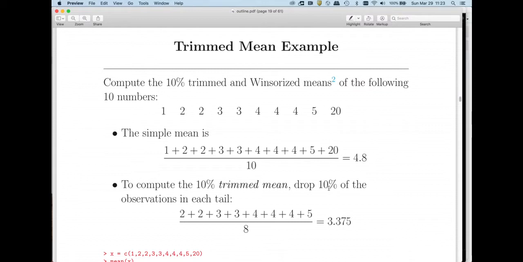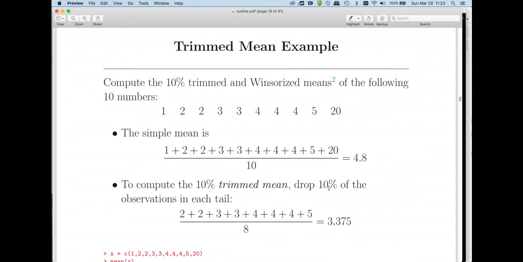The problem with the median, as we'll see in some later examples, is that it's too robust to outliers. It's just too insensitive. And so we want to find something that has some of these desirable properties of the median, that it's not affected by extreme values, but it's a little more sensitive than the median.